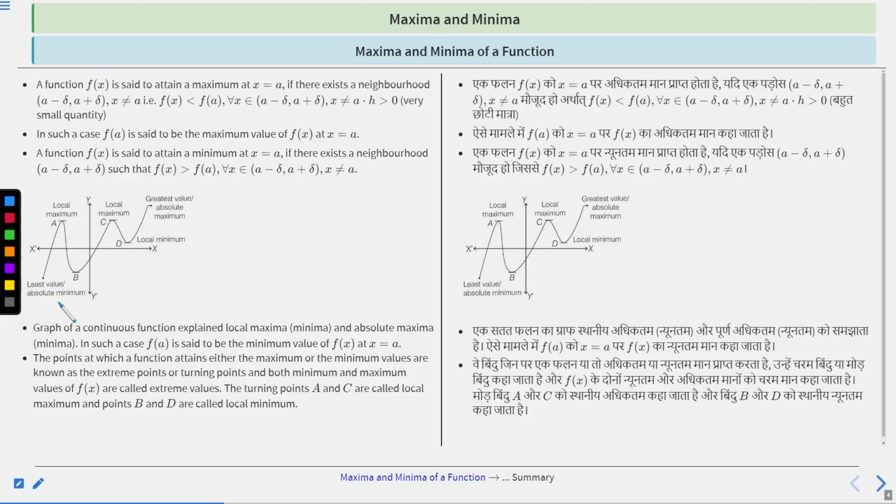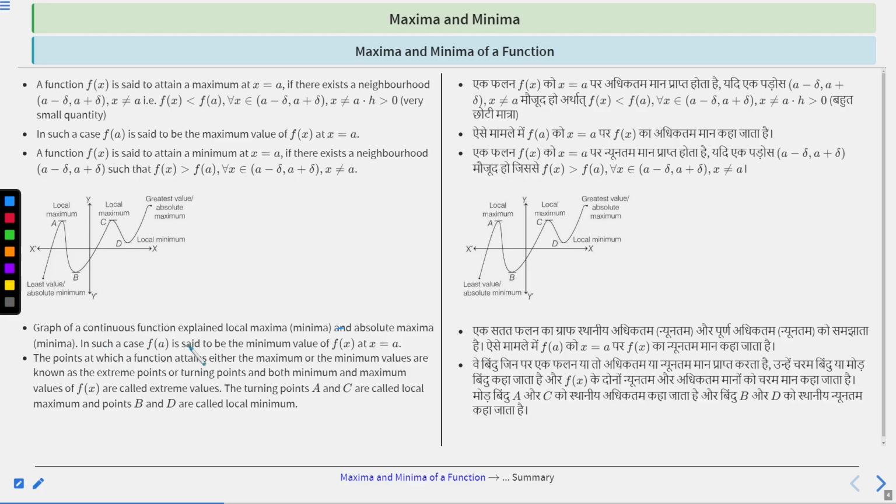This is the least value, that is absolute minimum, or also called global minimum, right? Graph of a continuous function explained local maxima or minima and absolute maxima minima. In such a case, f(a) is said to be the minimum value of f at x equal to a, right?